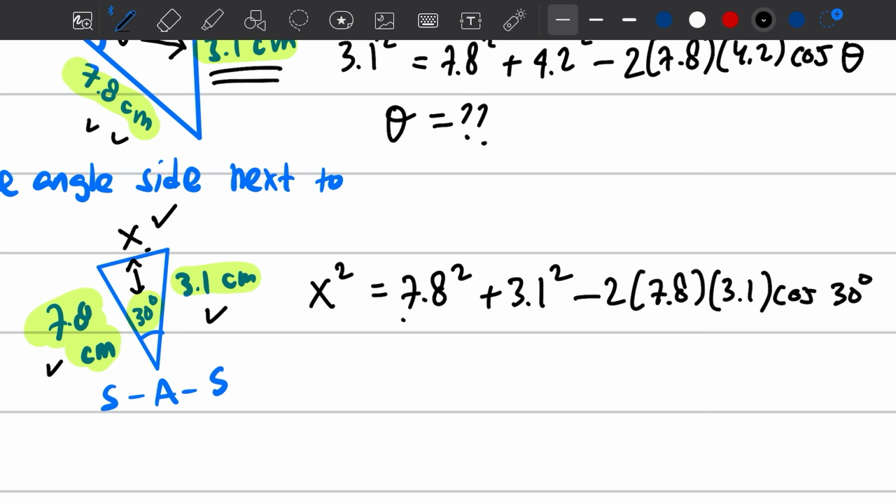Keep in mind that the side angle side must be next to each other, and you can solve for x by using this cosine rule.